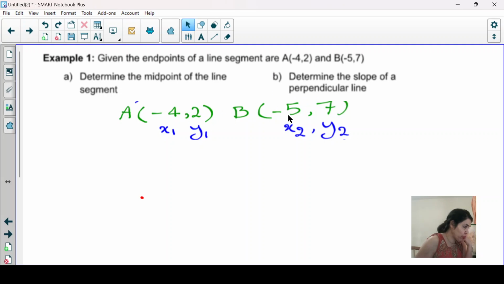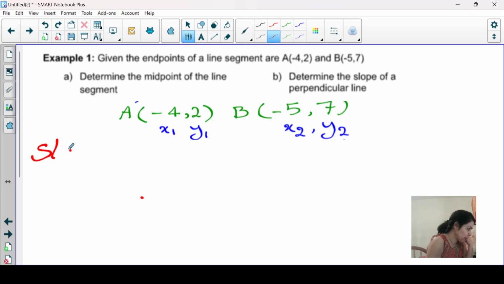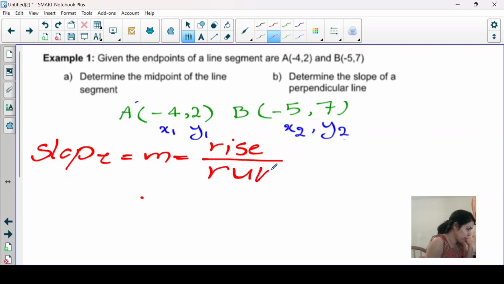Again, we have 2 points, and we know that the slope m equals rise over run, equals y2 minus y1 divided by x2 minus x1.